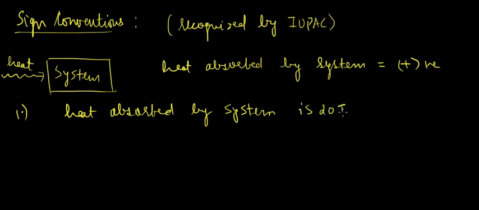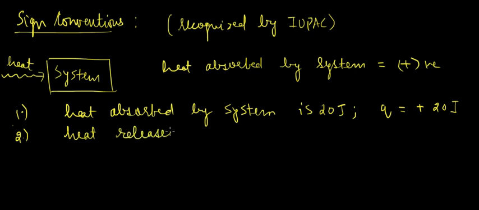So we can write Q would be equal to plus 20 joule. And if we say that heat released by the system is 30 joule, then we can write Q would be equal to minus 30 joule.